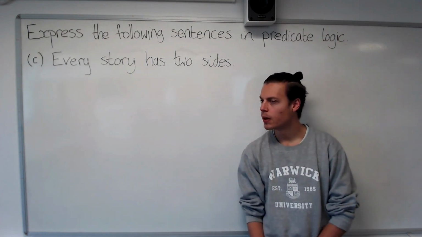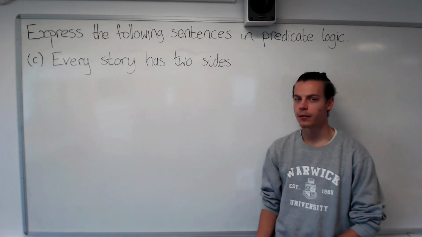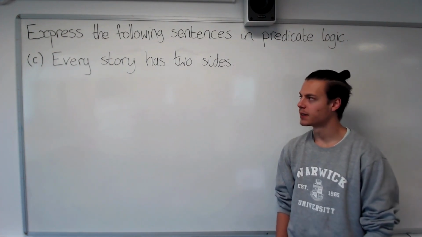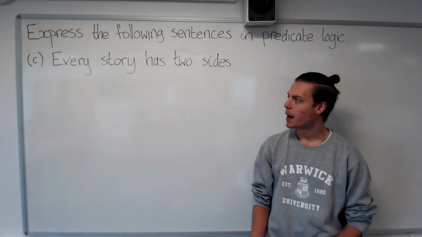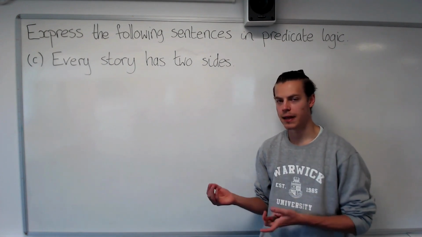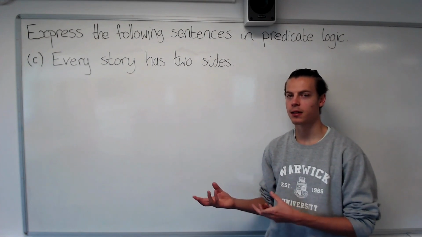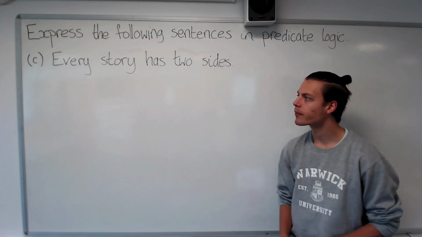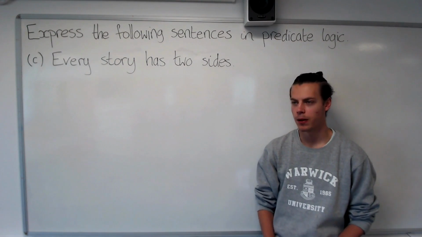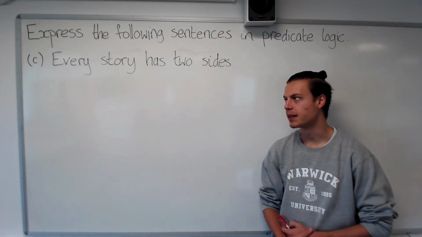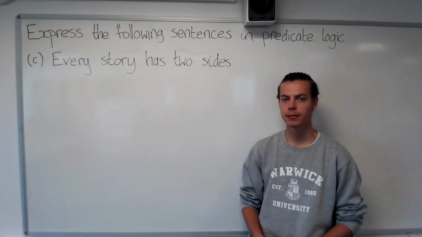We could say that for anything, right, if that thing is a story, then there are two things, let's say A and B, that are both sides of that story. Okay? What kind of predicates might we need? Well, we definitely need something to express that X is a story. Yeah? So let's start with that.